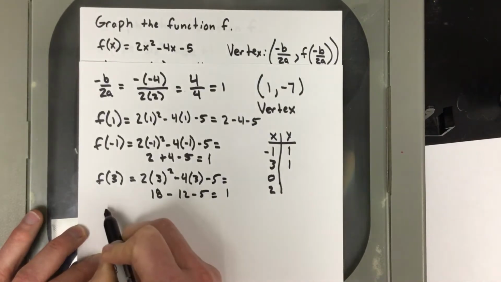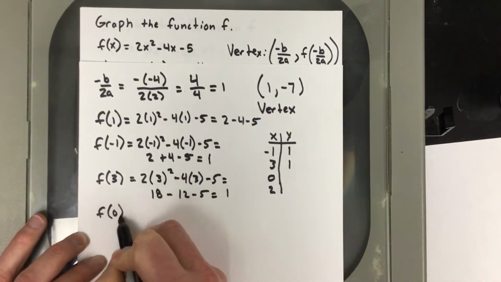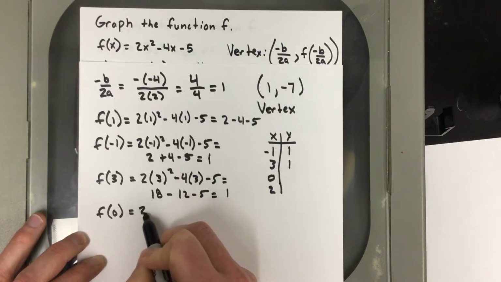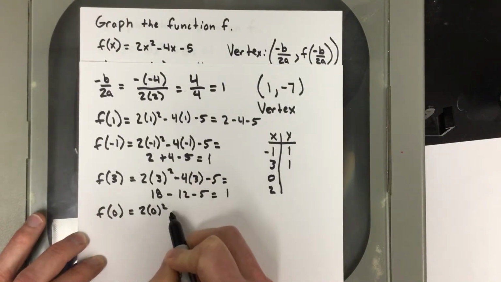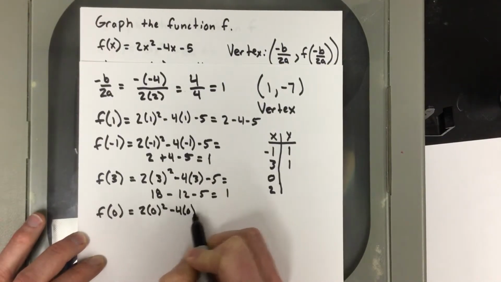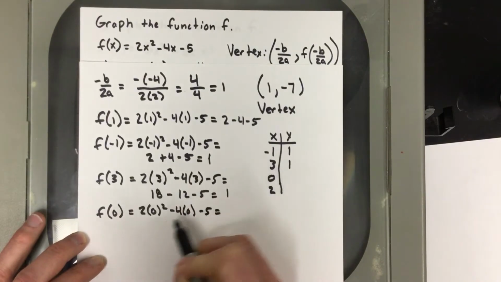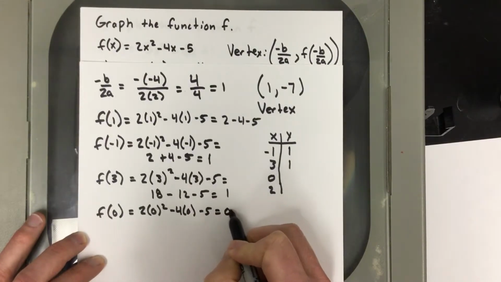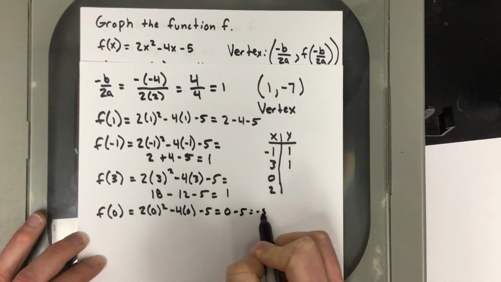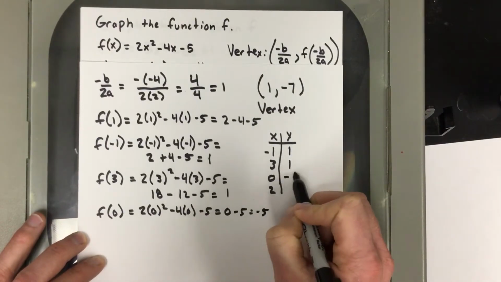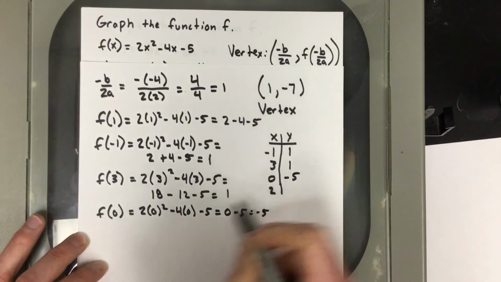So then I should check f of 0. f of 0 is pretty easy. You get 2 times 0 squared minus 4 times 0 minus 5, which is going to give 0 minus 5, which is negative 5. So then I should expect to get negative 5 here. So I do f of 2.